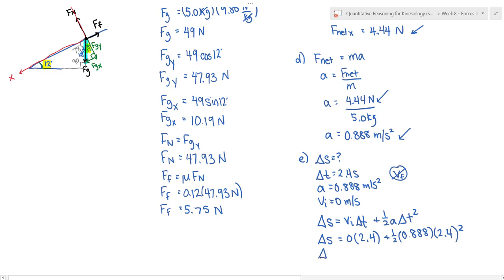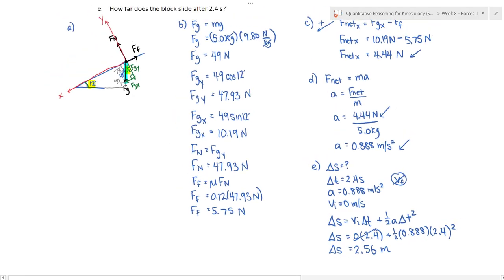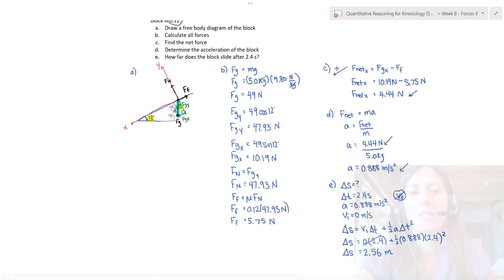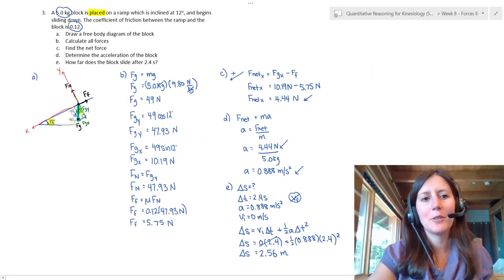And I'm just going to type this all up on my calculator. 0 times 2.4 is just nothing, so that's gone. So I have 1/2 times 0.888 times 2.4 squared, and that gives me 2.56 meters. So the distance that it travels is 2.56 meters. So that was our final question.